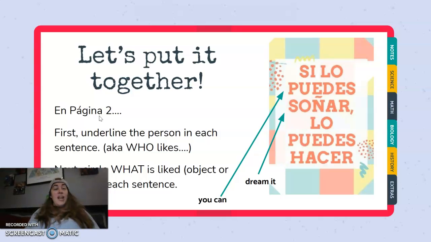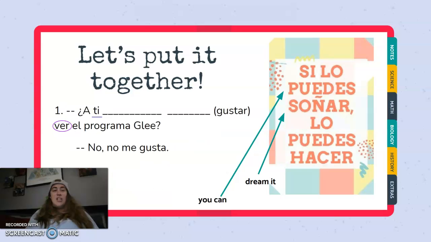All right, so next thing you're going to do is circle what is liked. So what is the object or activity in each sentence? So again, if we look at número uno, it says a ti, space, space. We know it's a form of gustar, ver el programa Glee, and the response is no, no me gusta. So ti is in our prepositional phrase, so a ti, that's going to tell us our pronoun, so who it is that it's pleasing to.